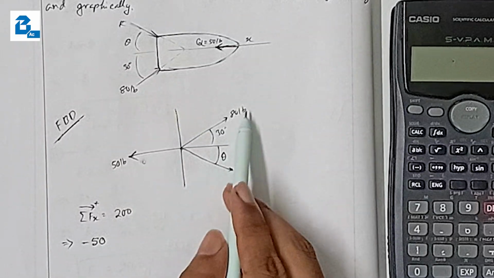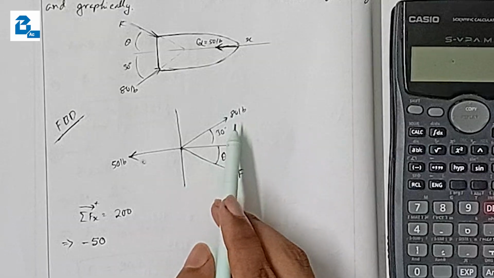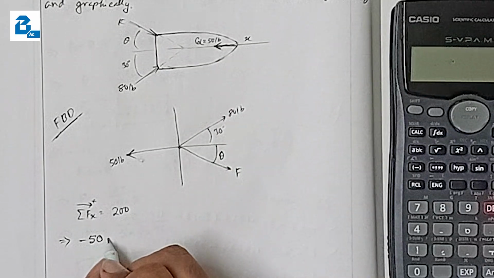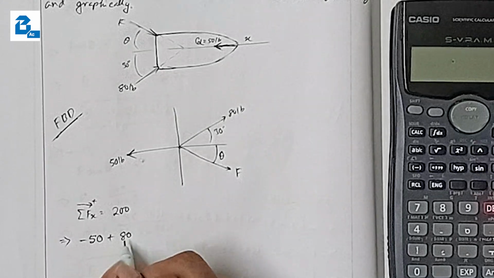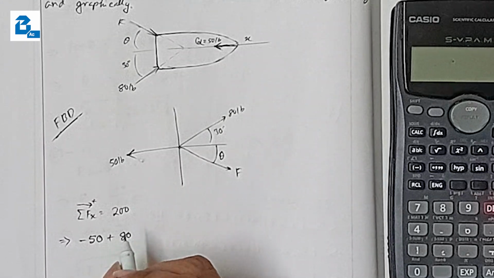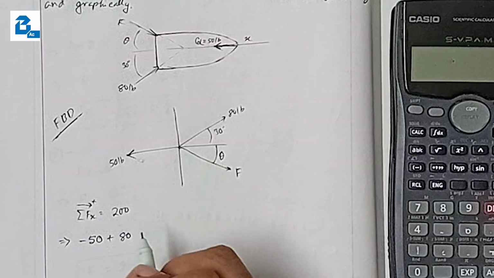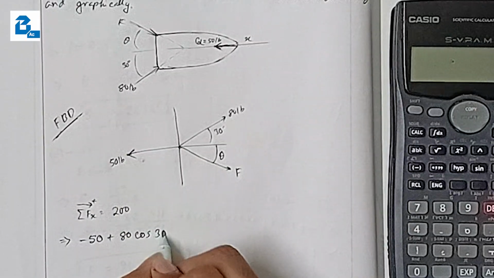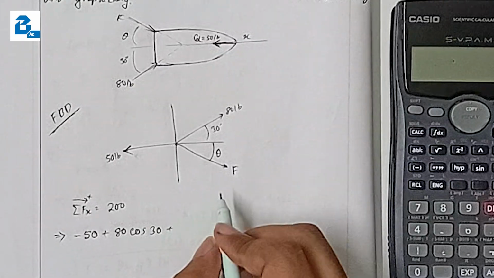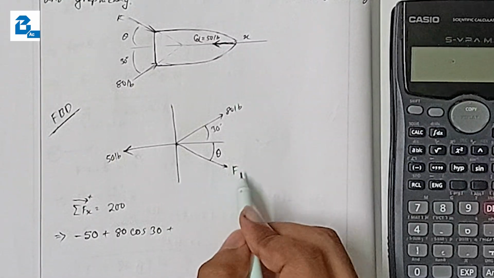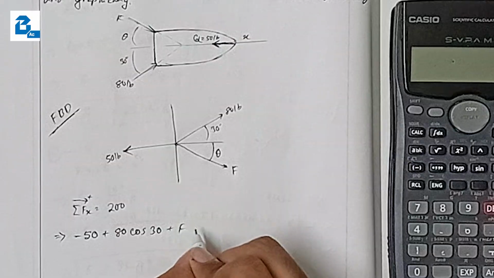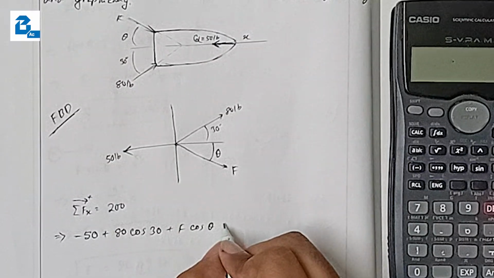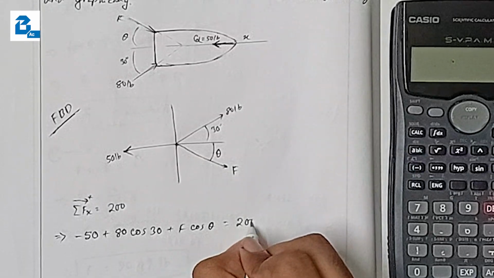And then the 80 pound force, which is acting along the positive side or the rightward, so we will take plus 80. And since it is angled with the horizontal axis to 30 degrees, we will take cos 30 degrees. And plus, similar to the 80 pound, we have the F, so we will write F cos theta equals 200.